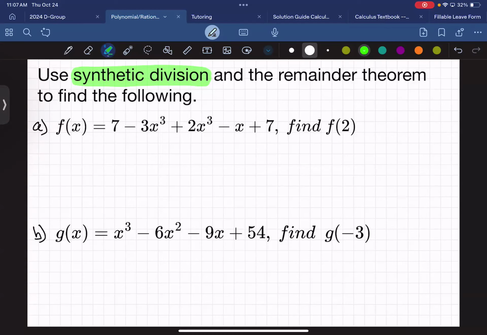So I highlighted the first part for you, synthetic division. The second part is going to be this thing we call the remainder theorem. These are directions that we definitely need to be familiar with. But the remainder theorem part is just a reminder.